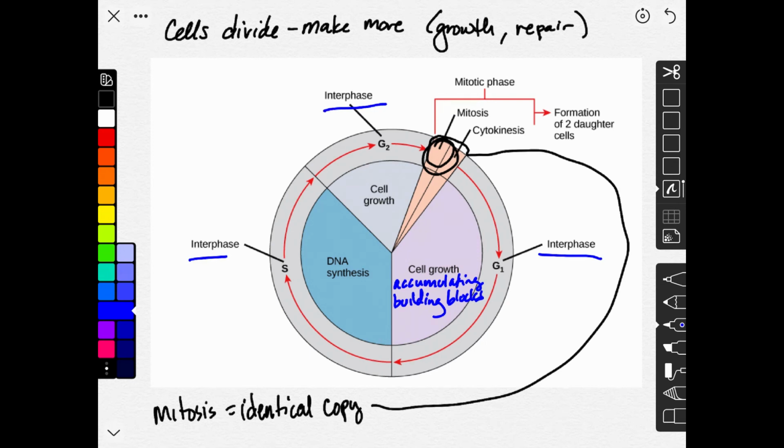If you looked at a cell in this phase, you wouldn't see anything different because this is all really kind of deep under the hood. When you get to the S phase, that S, you can think of it standing for synthesis. So this is when the DNA gets replicated.